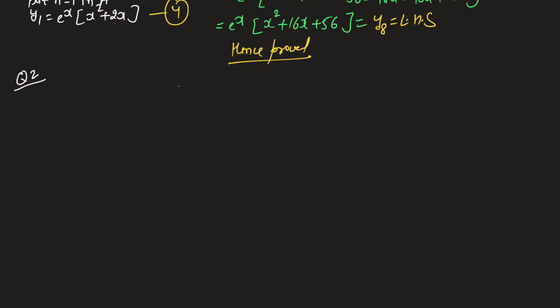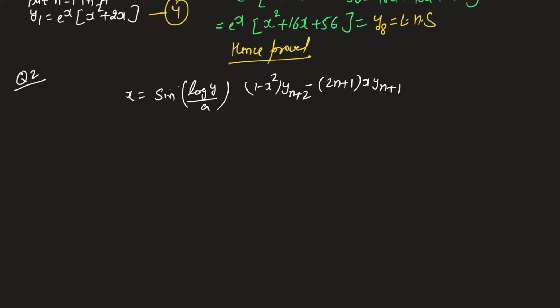We are given x is equal to sine log y by a, and we are required to prove 1 minus x square y n plus 2 minus 2 n plus 1 x y n plus 1 minus n square plus a square y n is equal to 0.